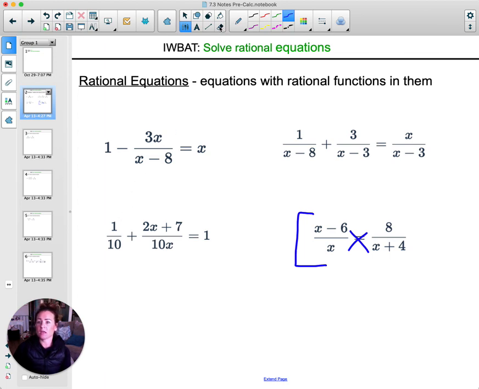The big thing to remember is that you have a restricted domain, so you want to look for extraneous solutions. Every time, we have to check whether the solution we got forces the denominator to be 0, in which case we cross it off and call it extraneous.